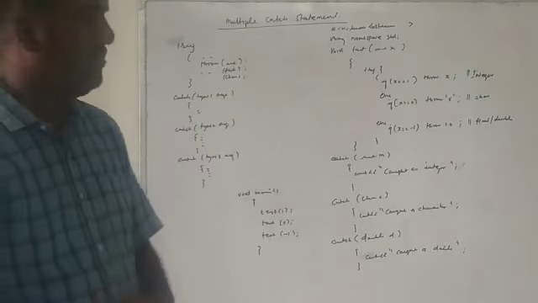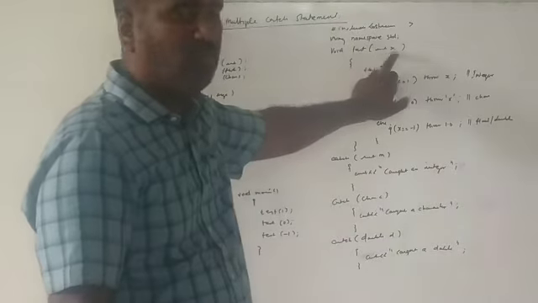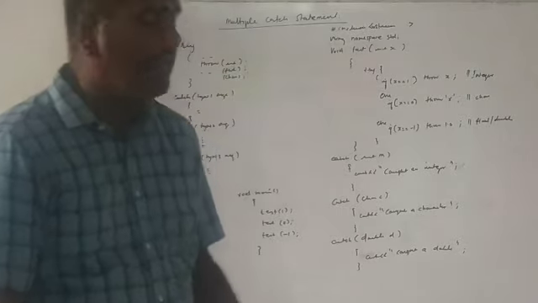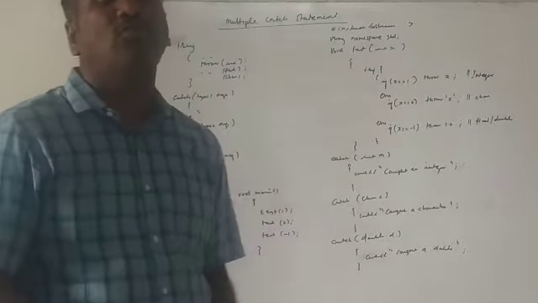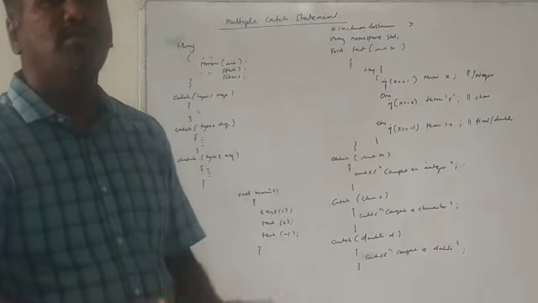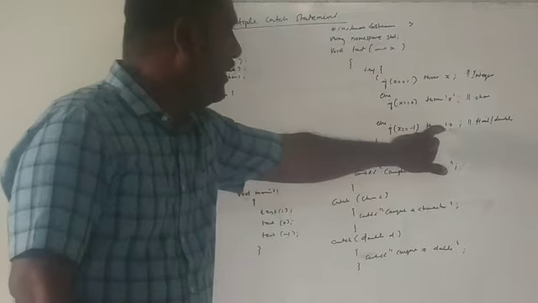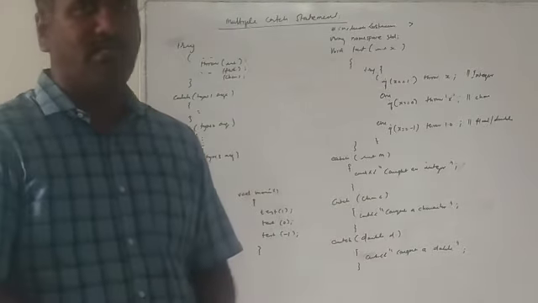Finally, test -1. Here x value is -1. Is -1 equal to -1? Yes, true. So at that time it throws 1.0. 1.0 means double. Here we receive d as the double 1.0, so you caught the double exception.